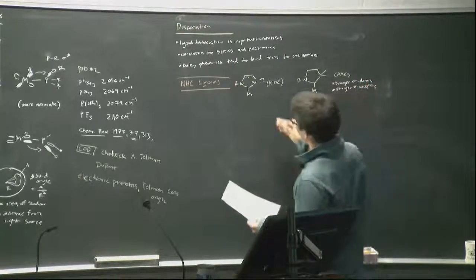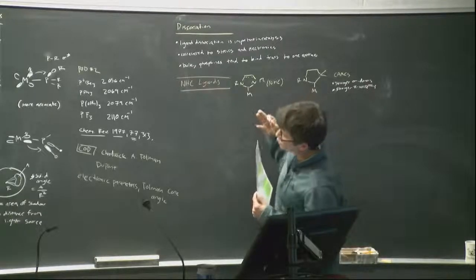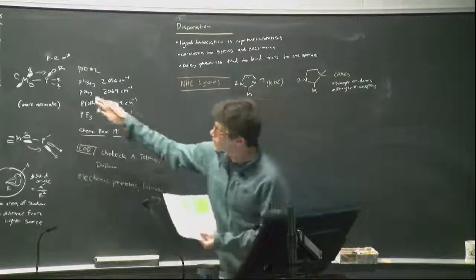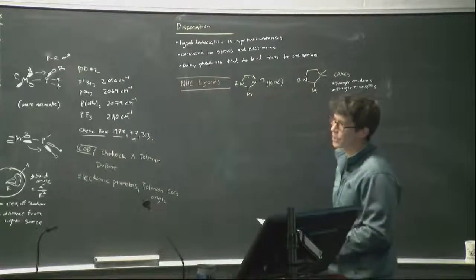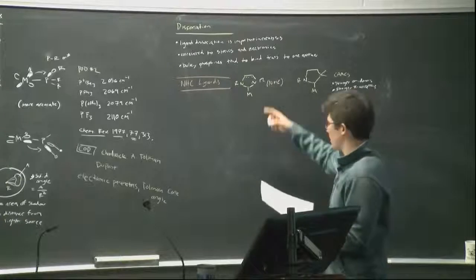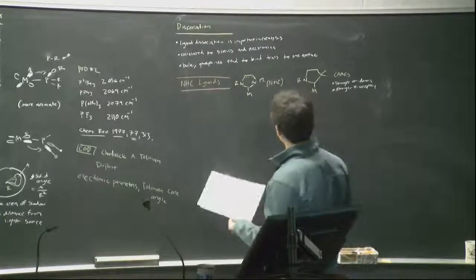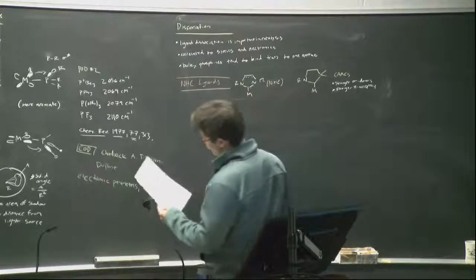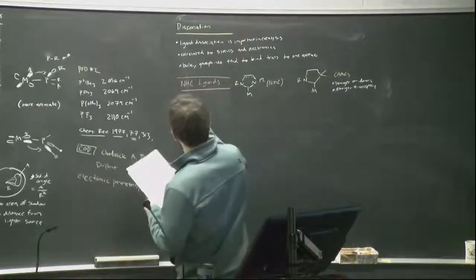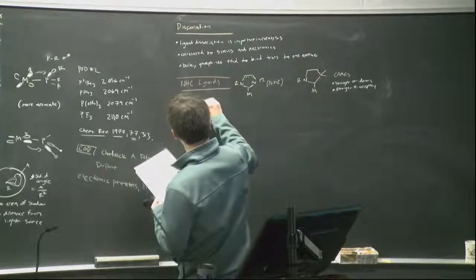And NHCs compared to phosphines are stronger sigma donors. They're like trialkyl phosphines on the extreme. They're stronger sigma donors and quite weak pi acceptors. So NHCs are like the strongest trans effect ligands, and the amount of back bonding has been the subject of debate. But in general, you can just see them and think they're really strong donors.